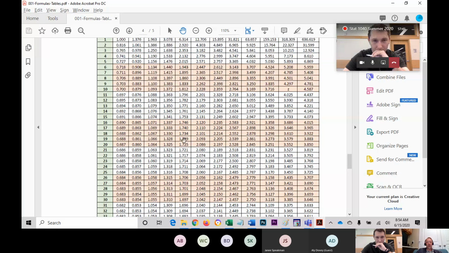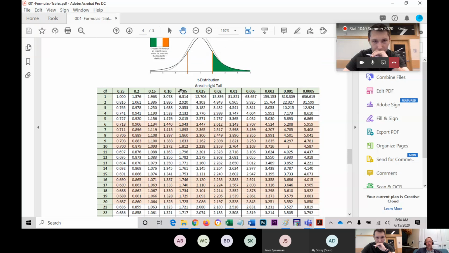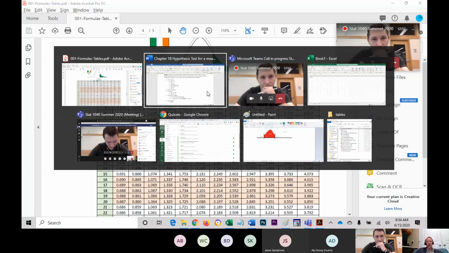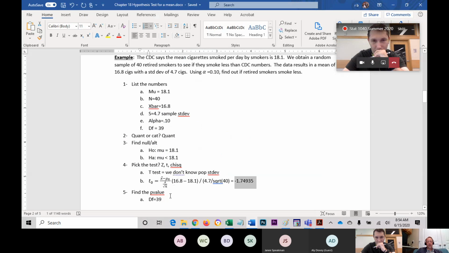So when we go back up to the top of the chart, that means your p-value is going to be in between 2.5% and 5%. And so that's the best you can do with this chart. So all you can do is say, in this case, your p-value is in between 0.025 less than p-value less than 0.05.